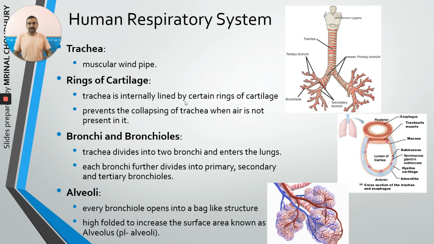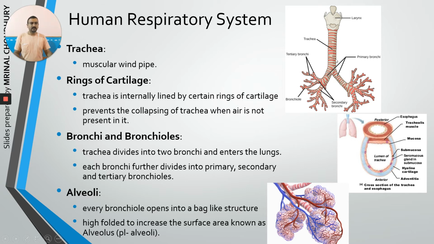When we come to the trachea, it is a muscular windpipe, and this muscular windpipe undergoes division to form two bronchi. These can be called primary bronchi initially, which undergo further divisions to form secondary and then tertiary bronchi. And the last part is called a bronchiole.